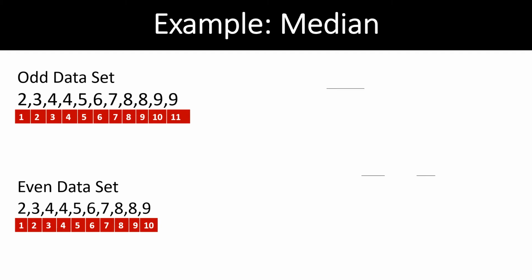Let's say for odd data set, I have a formula which is n plus 1 by 2th term. Median is what? N plus 1 by 2th term. This is my odd data set in which I have 11 terms and this is in the ascending order. If this is not in ascending order, first I need to arrange this data set into ascending order and then I need to calculate this n plus 1 by 2th term.